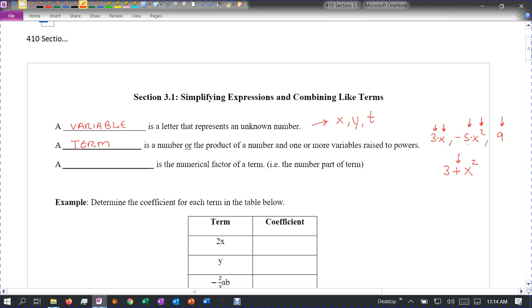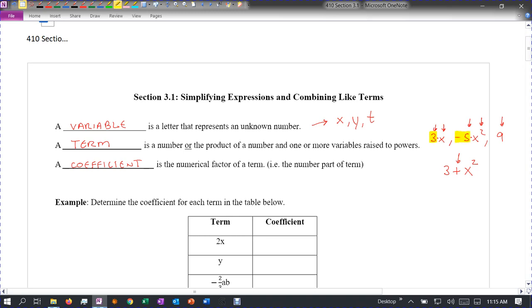Okay, the numerical factor of a term is called the coefficient. So examples here, if we go back up to the example that I gave of terms, you can see here that 3 is the number that's inside the term, and that's called the coefficient.